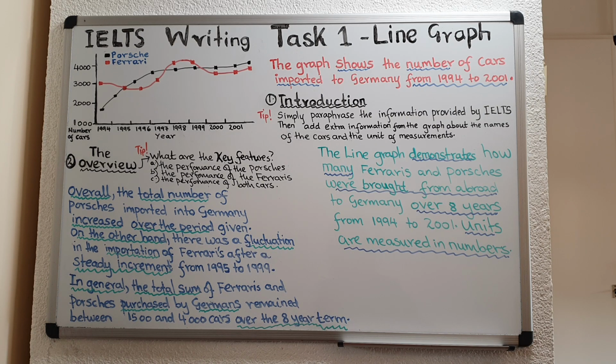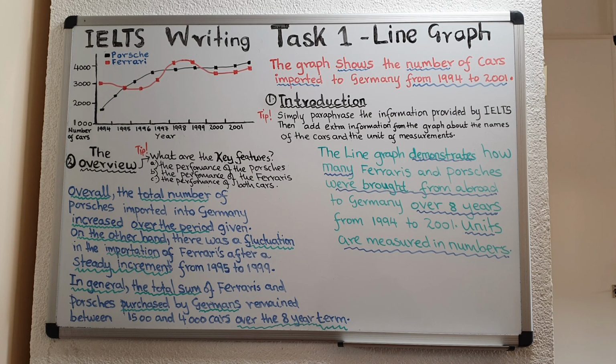But remember, you're still expected to compare them. You notice that I compared the first and the second key feature. I said, overall, the total number of Porsches imported into Germany increased over the period given. And I signal that I was about to compare them through the use of, on the other hand, okay?